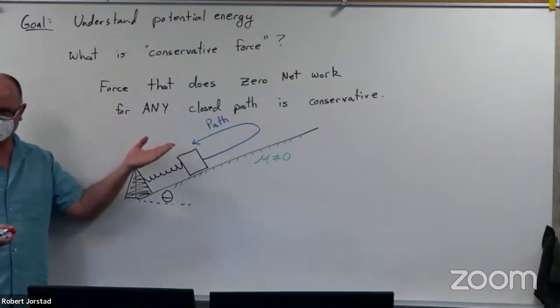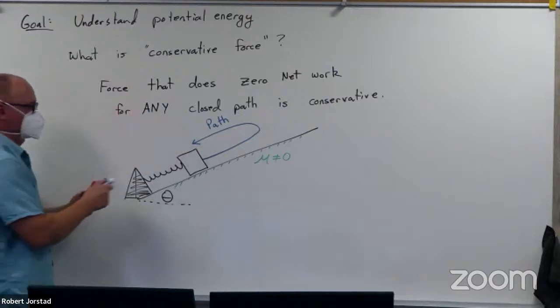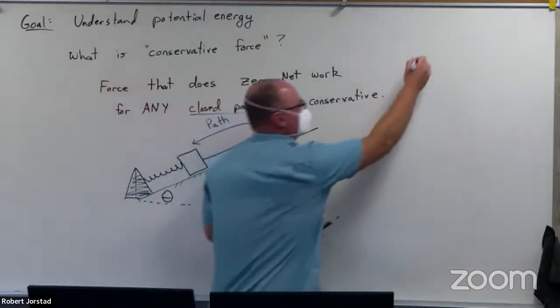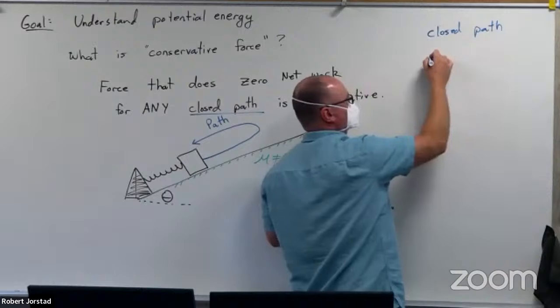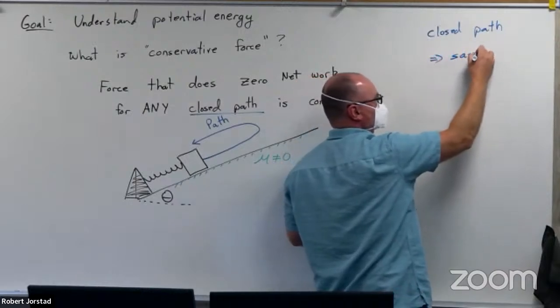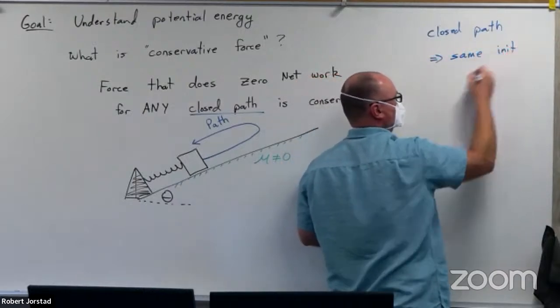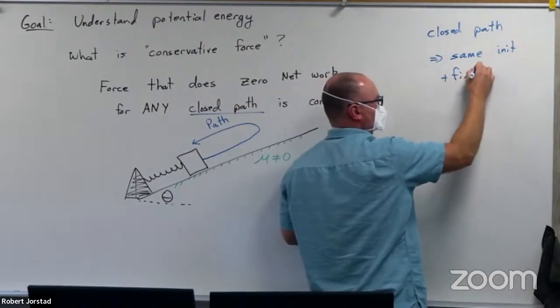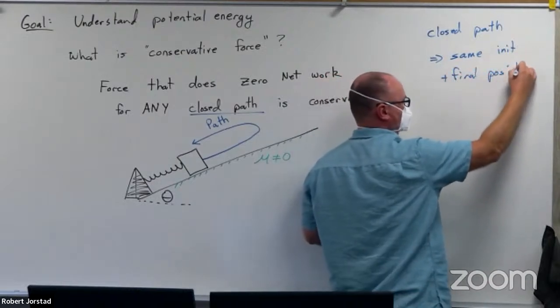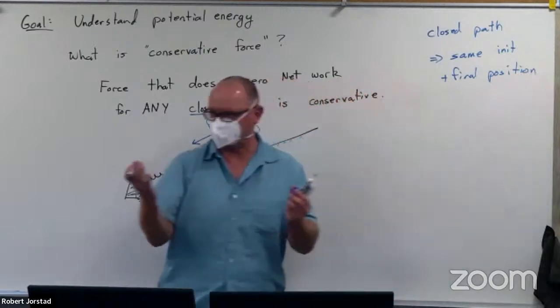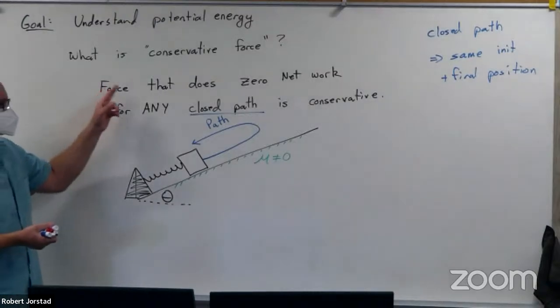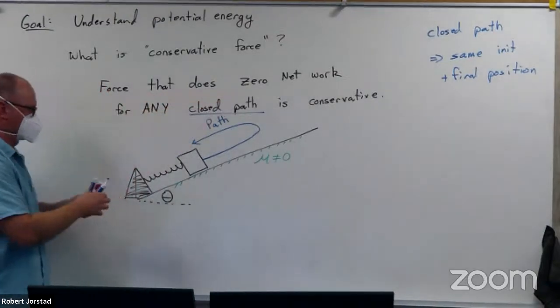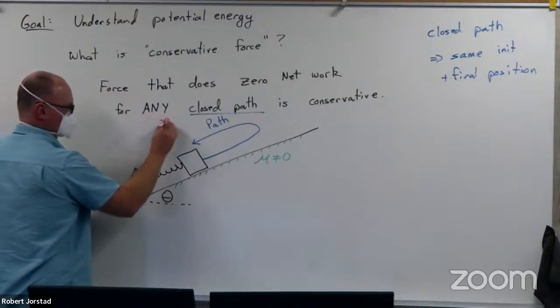This is an example of a closed path. Closed path implies same initial and final position. So a closed path is one that starts and stops at the same spot. That's closed path. Got it? Now keep in mind, a force has to do 0 work for any closed path.